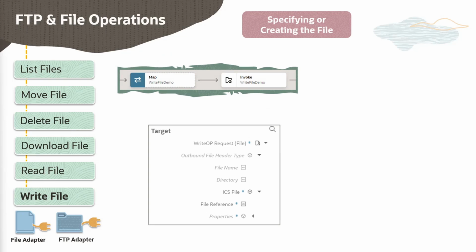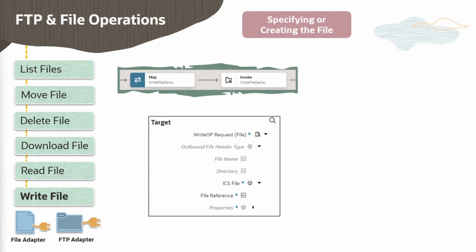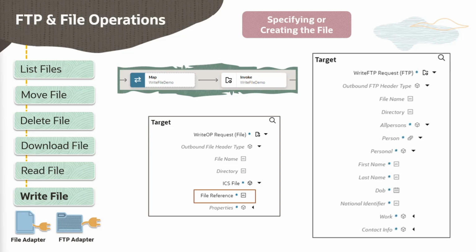Finally, within the Map Action Data Mapper, if you choose not to define the structure, you'll map the appropriate file reference to this target element. However, if you choose to create a new file by defining the structure, you'll see the schema layout for all the data elements where you can now map the values you wish to populate for this file.